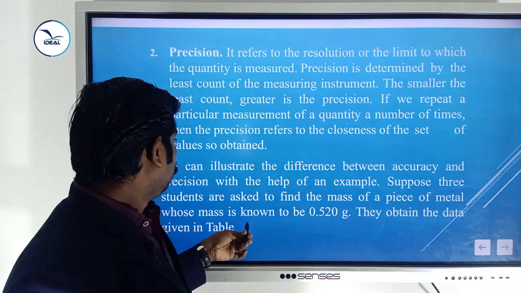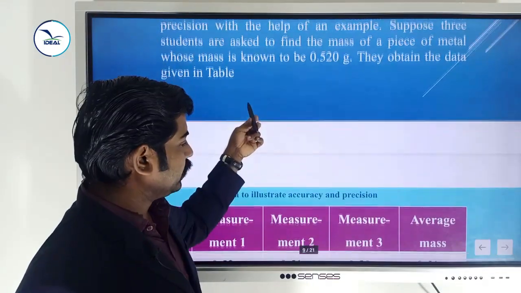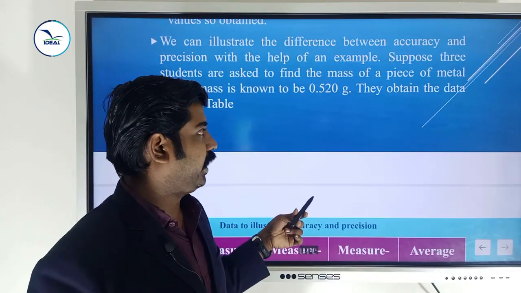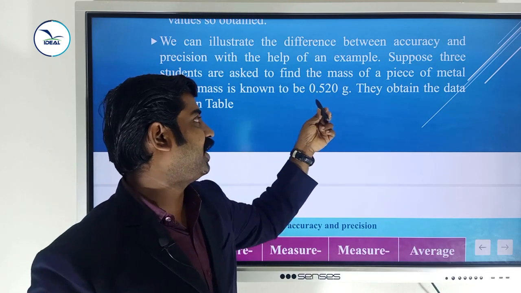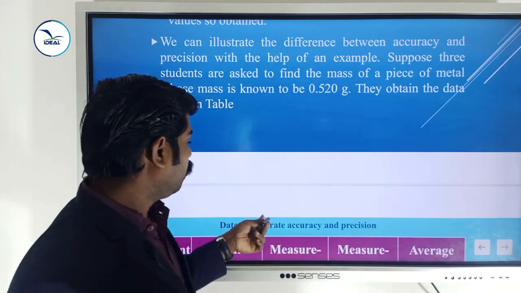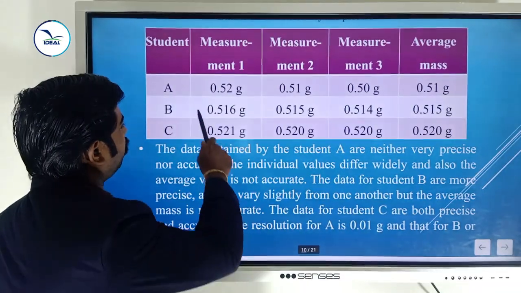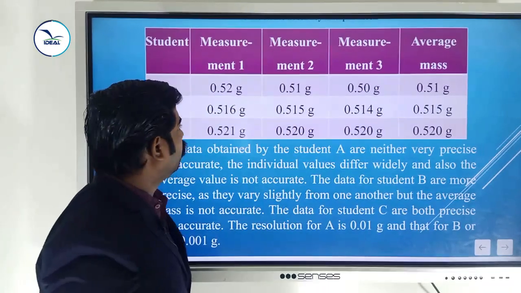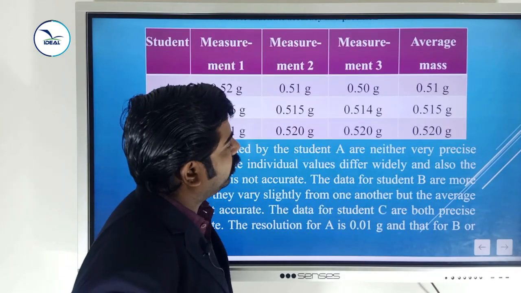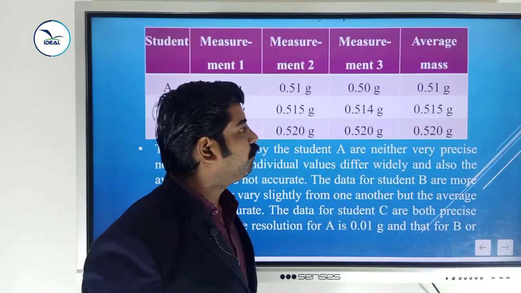So we can consider some example. Three persons measured some weight. The actual value of that mass is 0.520. There are the three persons A, B, C. The first person obtained the values of the first measurement 0.52 gram, second measurement 0.51 gram, and the third measurement 0.50 gram, and the average is 0.51.